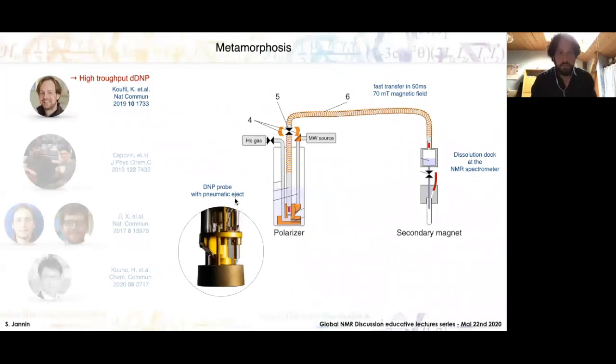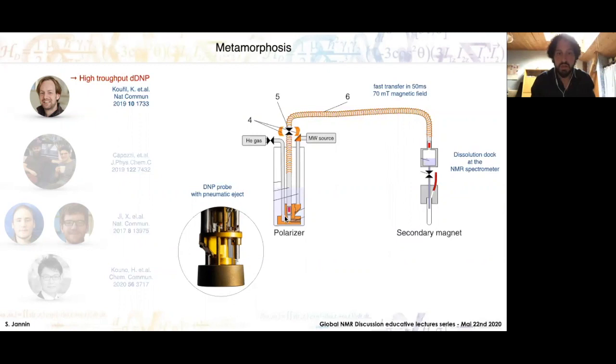So this is an experiment that was published recently by Benno Meier and colleagues. Here in the polarizer, instead of a sample stick, they have a sample that has the shape of a bullet, and the sample is dropped down in the probe. The way to eject the sample is with high pressure gas.